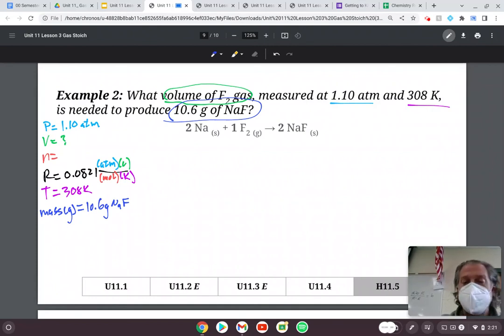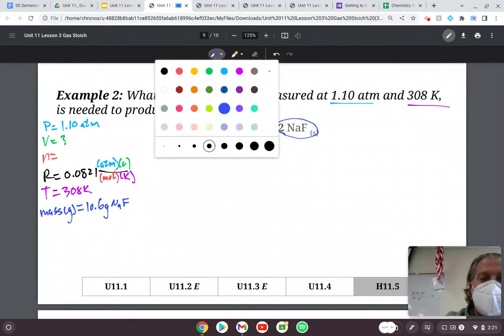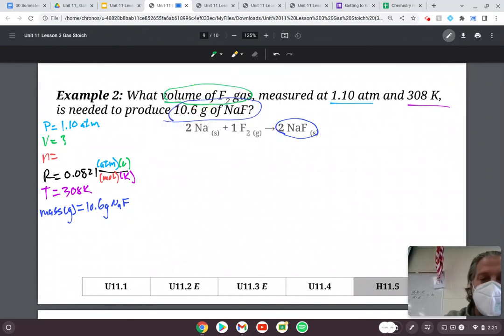So this problem is comparing NaF and F2. Okay. So in this problem, because we're given a mass, we're going to do stoichiometry first.